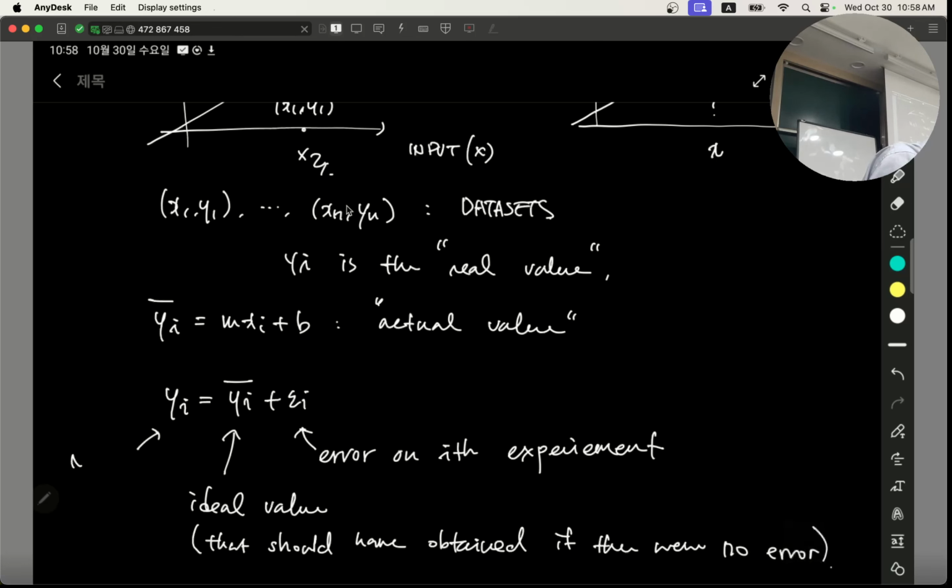And this is the real value. So in real life, you get this yi. But in an ideal situation, without any errors, you might get yi bar.